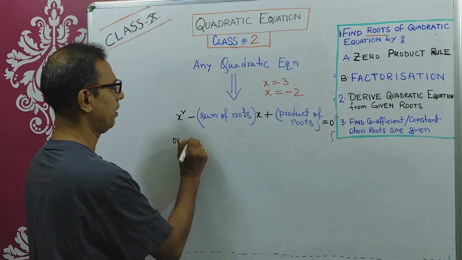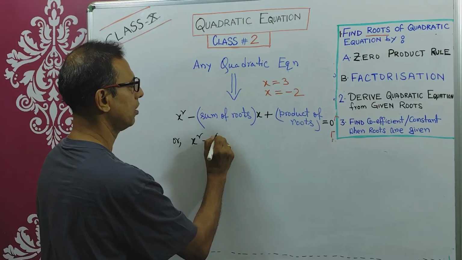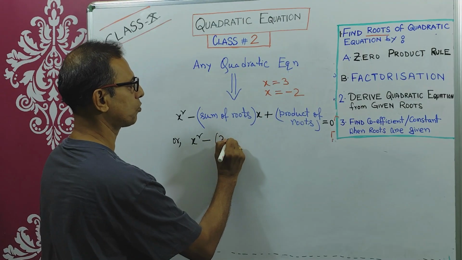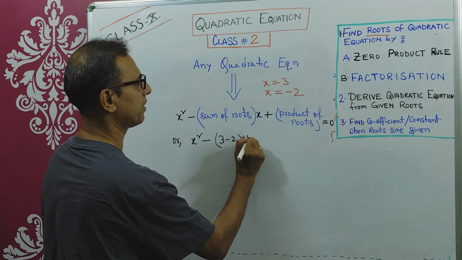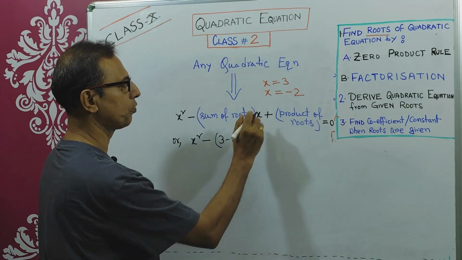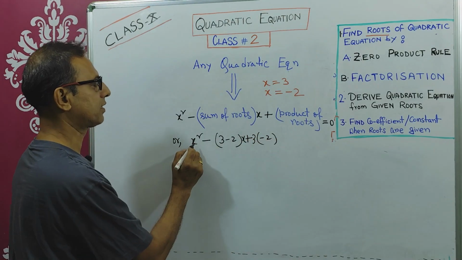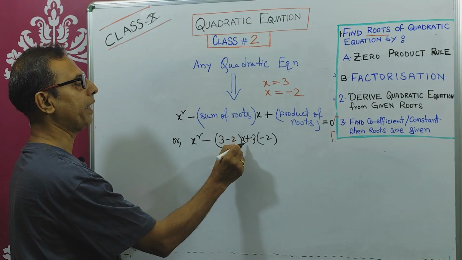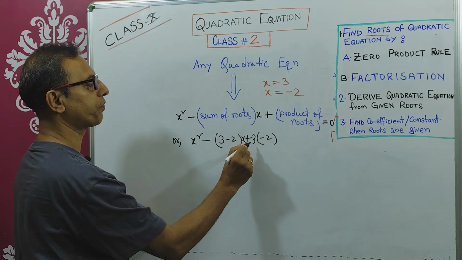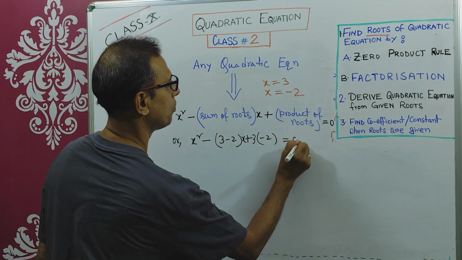x square minus sum of roots. What are the roots? 3 plus minus 2, that means 3 minus 2, into x plus product of roots. What is the product of roots? 3 into minus 2. So x square minus the sum of the roots, 3 minus 2, into x plus the product of roots, 3 into minus 2, equals to 0.